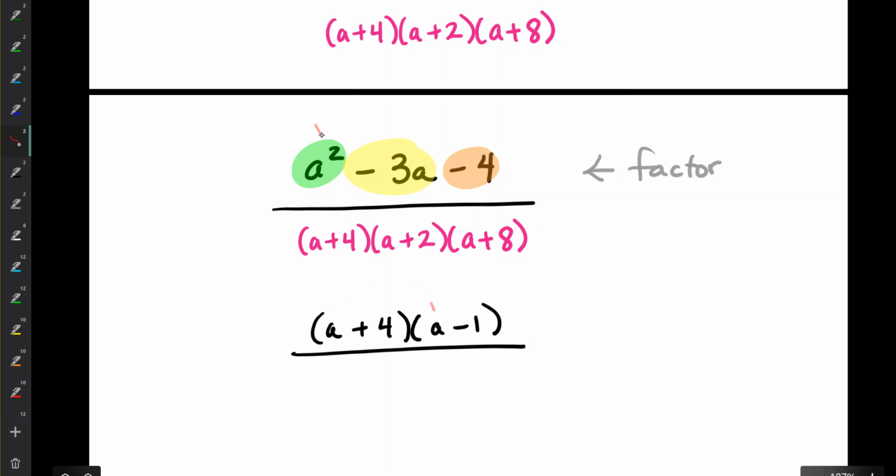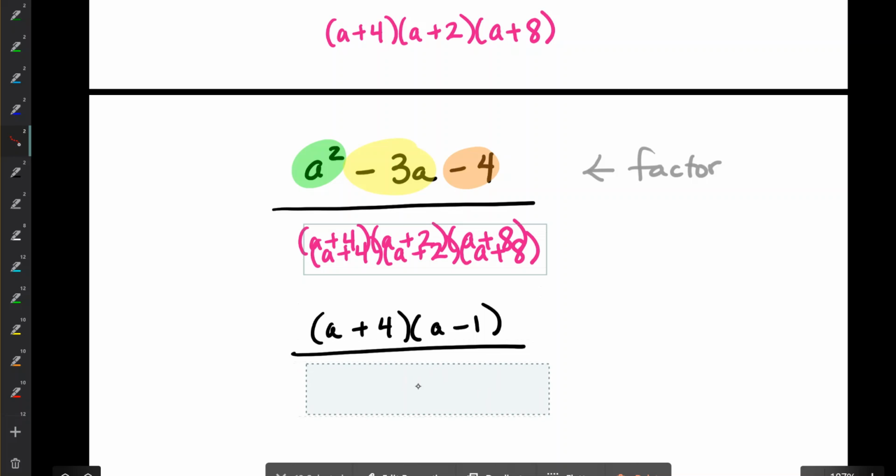A times a is a squared. A times minus 1 is minus 1a. Plus 4a is minus 3a. And 4 times minus 1 is minus 4. So we've factored that numerator successfully.